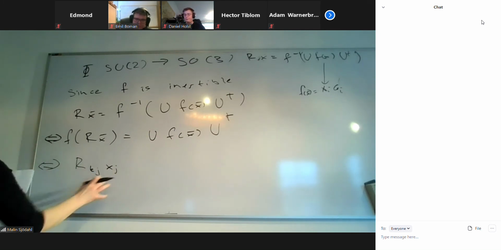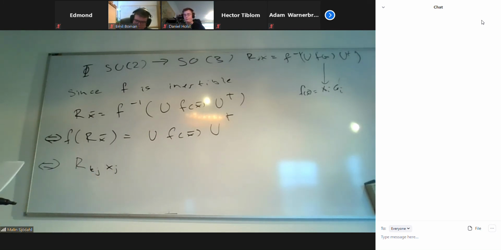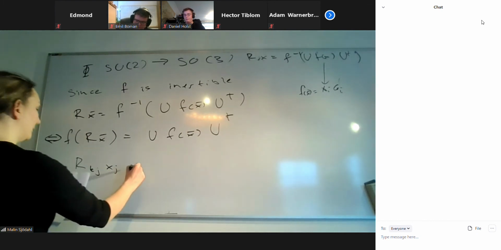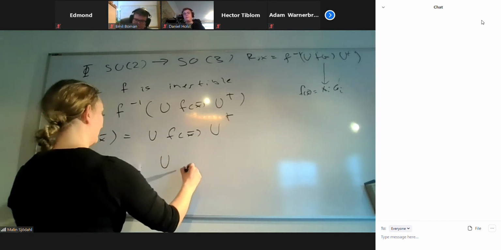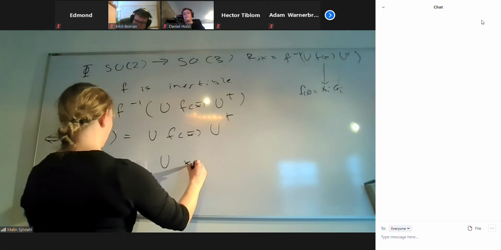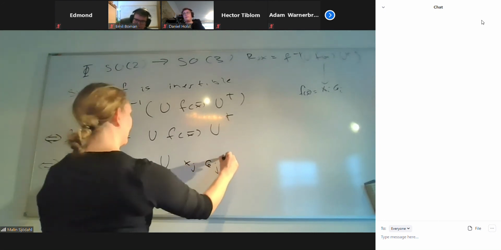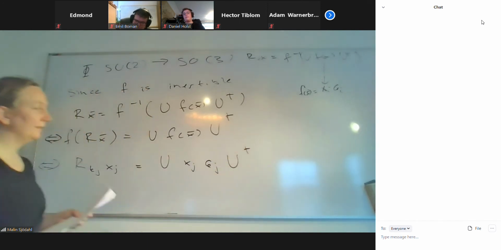This is the rotated x, equals to x_j sigma_j U dagger.